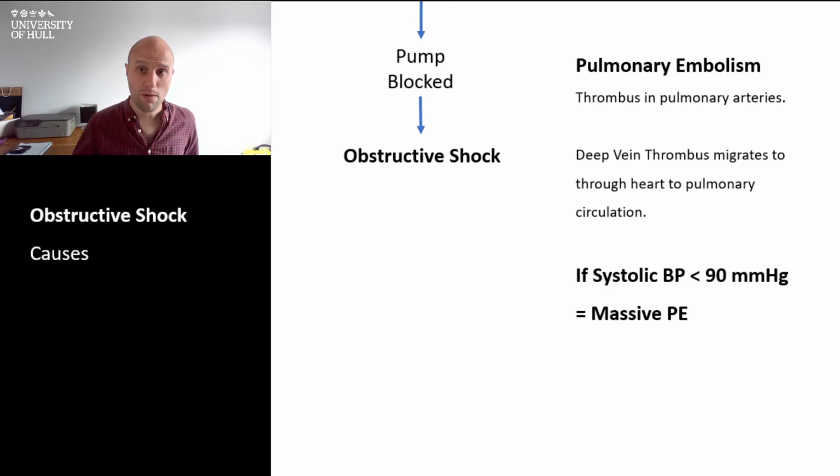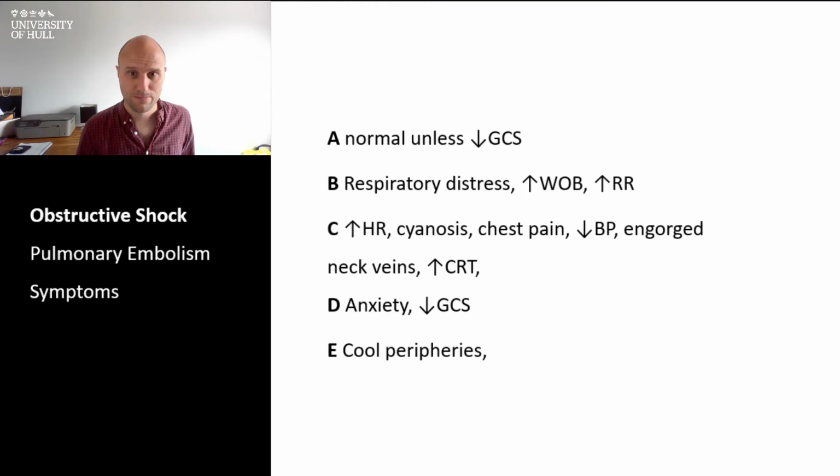And pulmonary embolisms are graded in part by how they affect your blood pressure. So if your systolic, the top blood pressure number, drops below 90 millimeters of mercury, this is by definition a massive PE and needs urgent treatment.